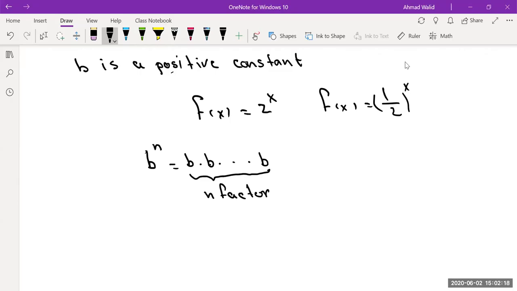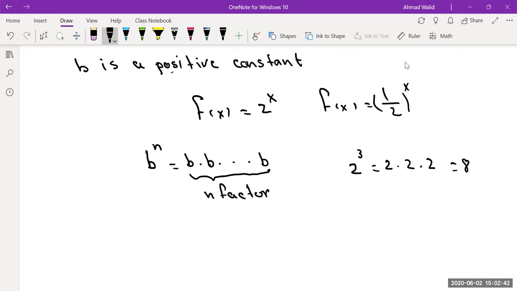Because I see this mistake a lot. Sometimes when I'm writing 2 to the power of 3, immediately some of the students say, oh, 6. 2 times 3 is 6. No. 2 to the power of 3 means 2 times 2 times 2, 3 factors of 2, which gives you 8, right?